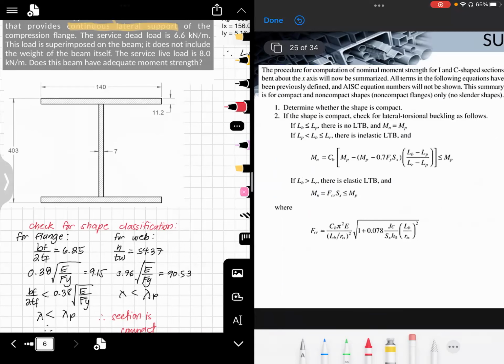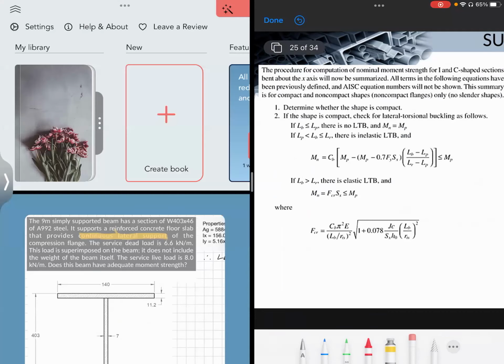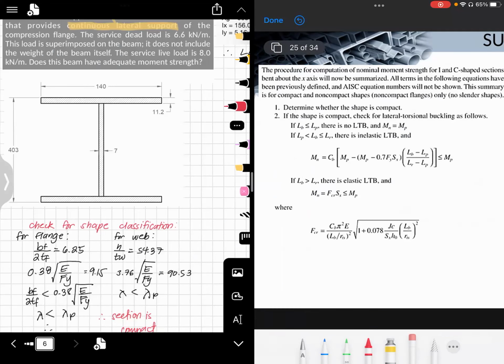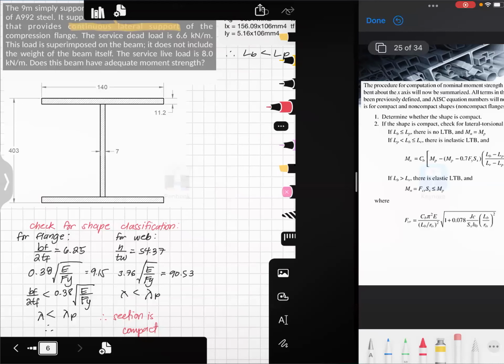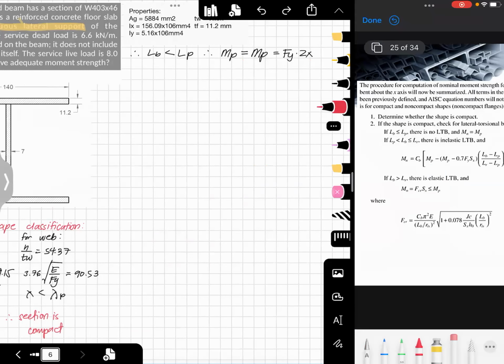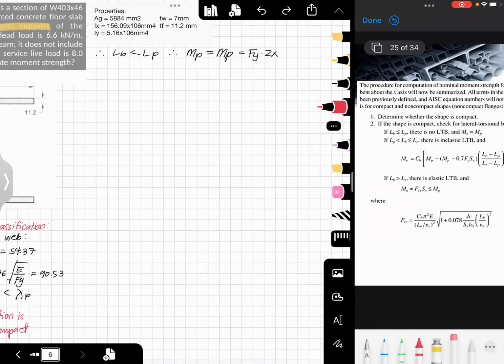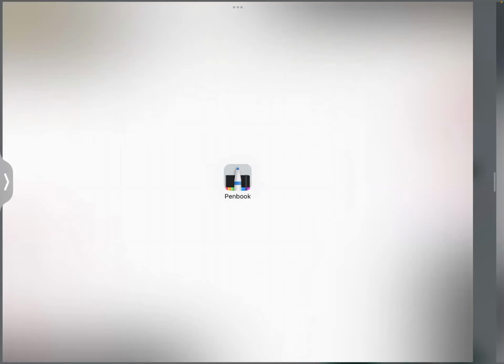As I have mentioned, according to the problem, there's a reinforced slab, no? So, there's no lateral torsional buckling that will happen. So, it will be Lb less than Lp, wherein your Mn is equal to your Mp. So, ito lang yung gagamitin natin. So, madali lang, no? Hindi tayo mag-involve nitong napakahahabang equation.